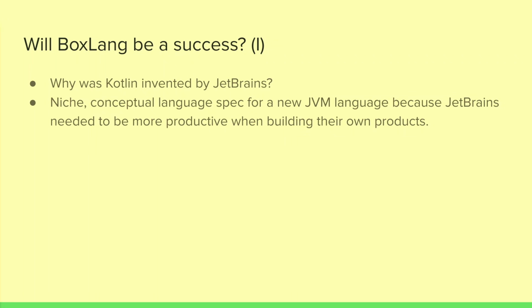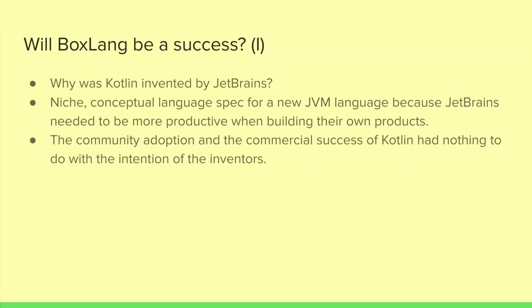So, tech company as they are, they said, okay, let's build our own language. What would a JVM language look like if we designed it for our purpose? And that is what Kotlin became, basically, right? It's a very niche language that a company came up with for their own use.